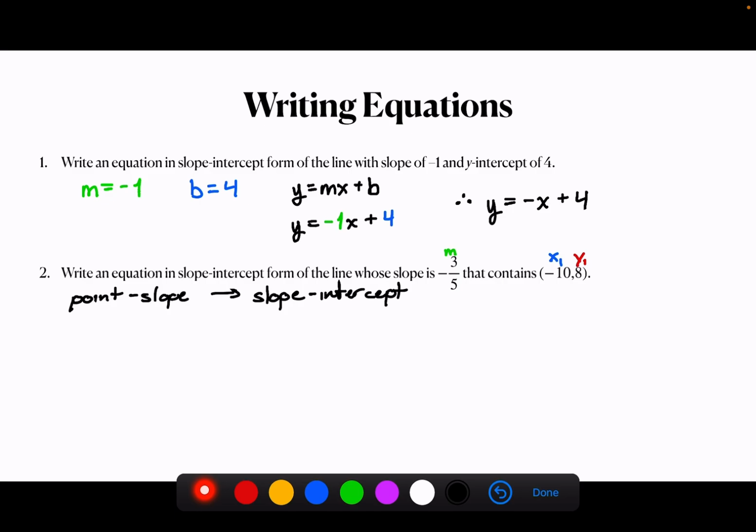And so when we use this equation, the point-slope form states that y minus y1 is equal to the slope multiplied by x minus x1.